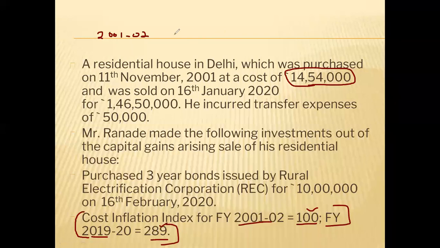If an item was 100 rupees in 2001-2, it is becoming 289 in 1920. So what will 14 lakh 54,000 become in 1920? Cross multiply and calculate it.